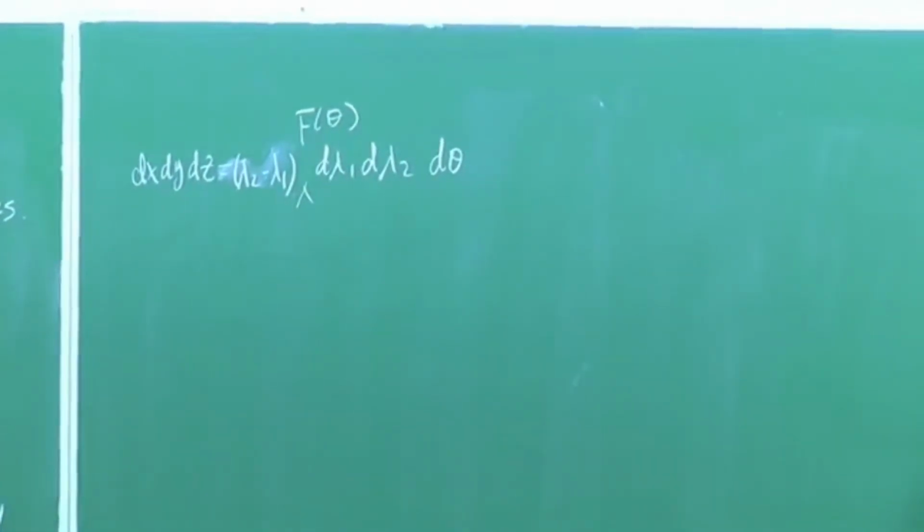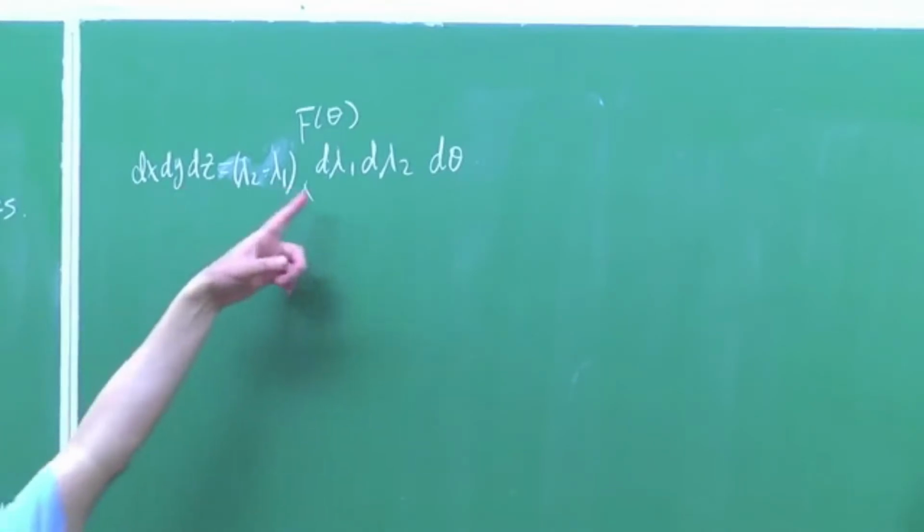This is easy because you just change variables: the three variables x, y, z in terms of lambda 1, lambda 2, and theta, so you can write the change of variables formula with the Jacobian like this.